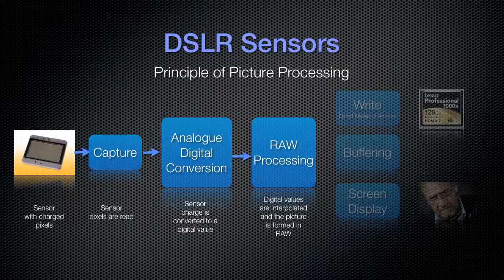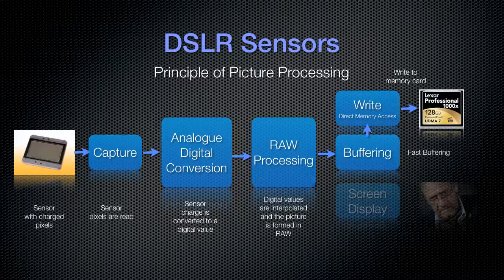Once the color picture is produced, it's passed on to a high-speed buffer. That is internal memory in the camera. The high-speed buffer allows you to continue shooting even though the picture has not been written yet to the memory card.